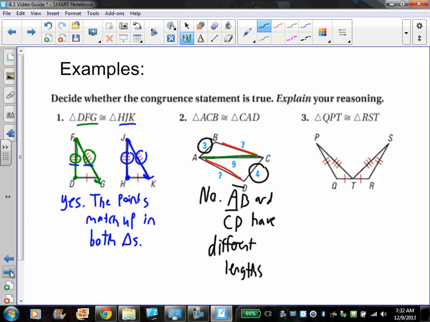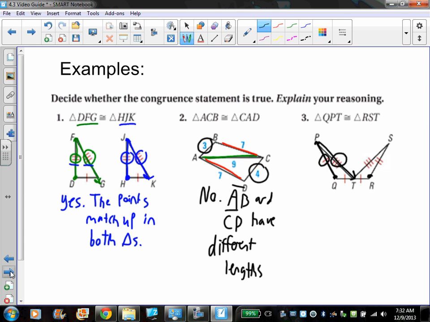And then we have this last one over here. We're told that QPT is congruent to RST. So if we start at Q and go up to P, we go through the 2-1. Then down to T, we go down through the 3-1. Let's see if RST does the same thing.